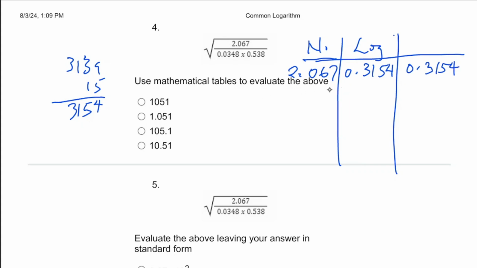So we go to the denominator now. So the first number we have there is 0.0348. Is that clear? So this will give us about 2 points. All right. So we then check 34 under 8. 34 under 8 is 5416.